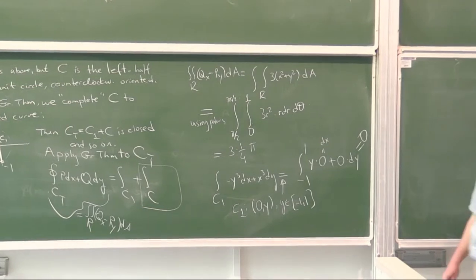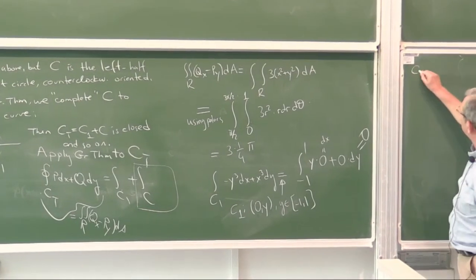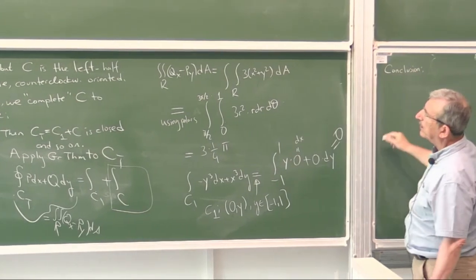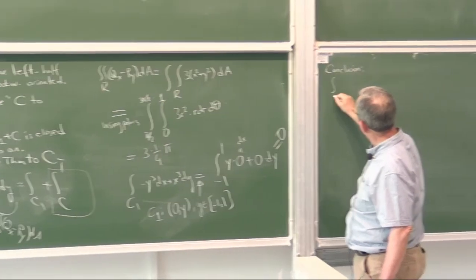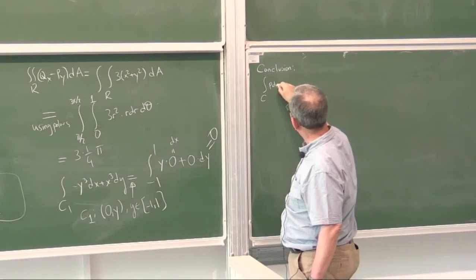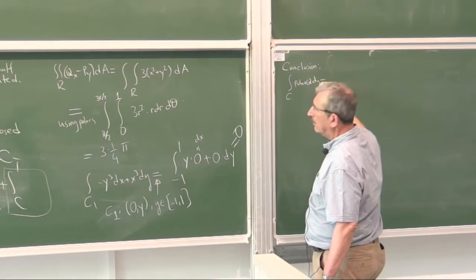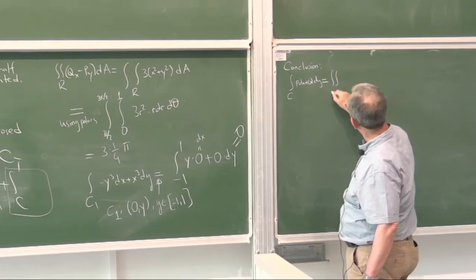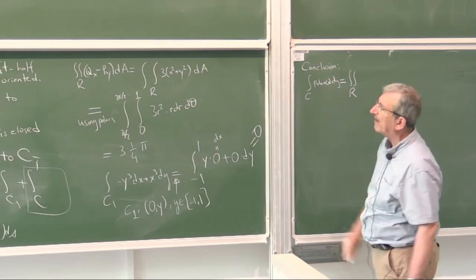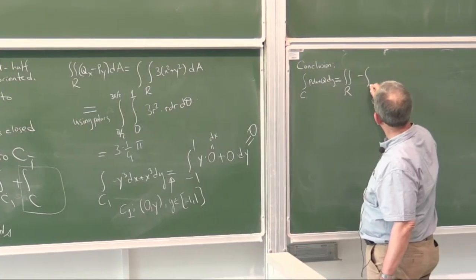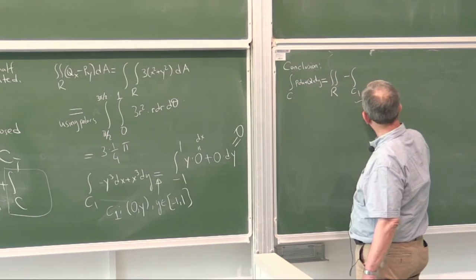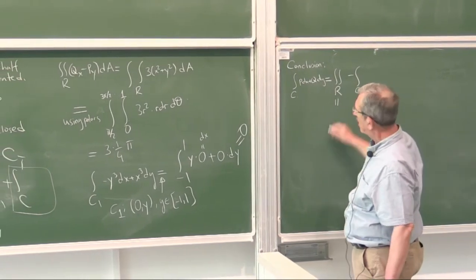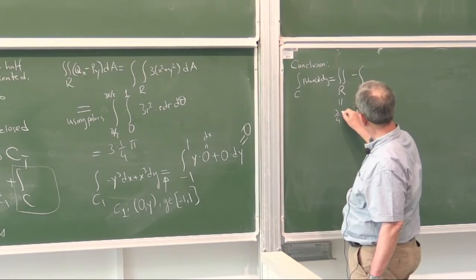Conclusion. The integral over C of P dx plus Q dy, from our formulation, is the double integral over R, where R is the half circle, minus the integral over C1, but this is 0, and this is, as we calculated over there, 3 over 4 pi.